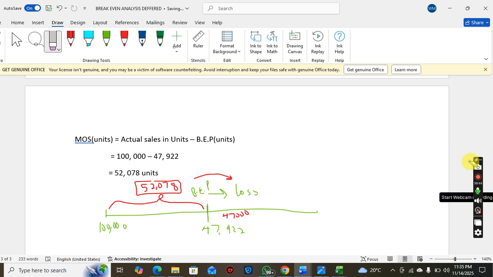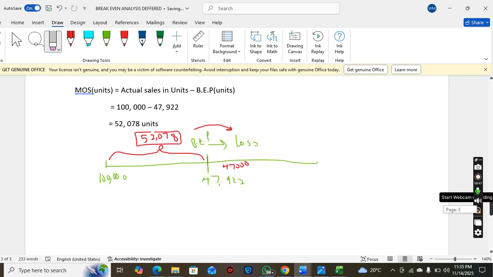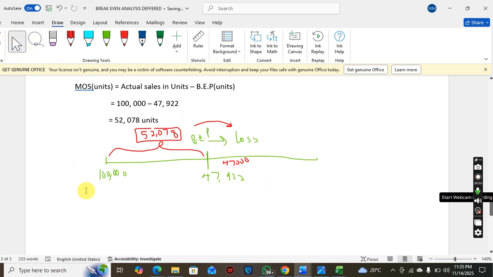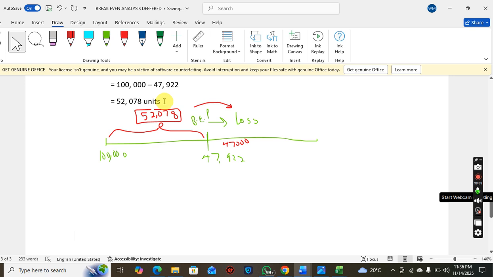Then the margin of safety in revenue, MOS revenue, is your actual sales revenue minus your break-even point in revenue.